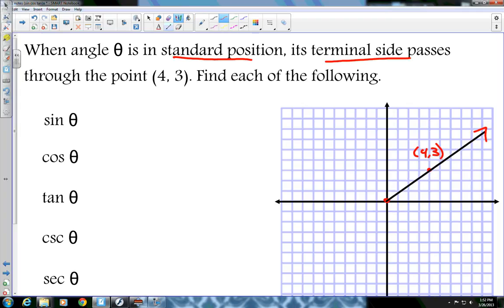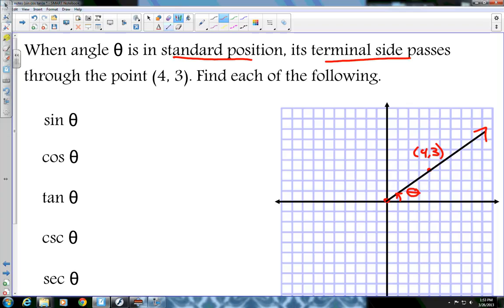That ray is the terminal side of the angle. The angle is measured; you'll notice I put a little arrow on it. We'll talk more about that tomorrow, because our angles are going to have direction. So theta is this angle right here. Now I want to evaluate all of the trig functions at that point.